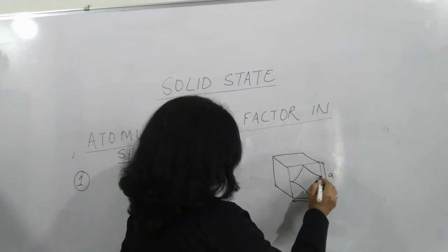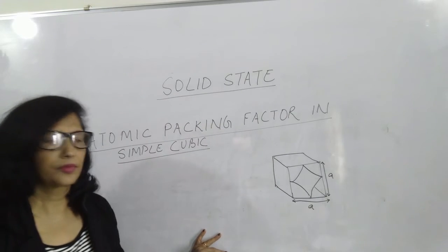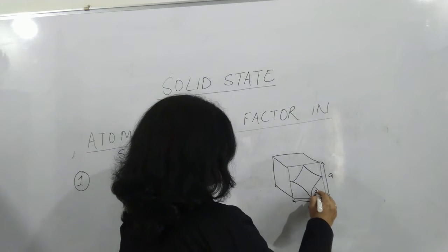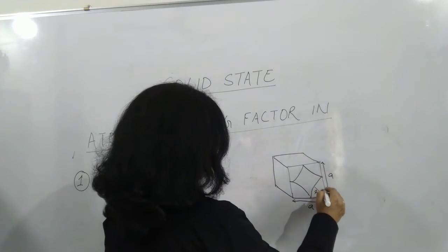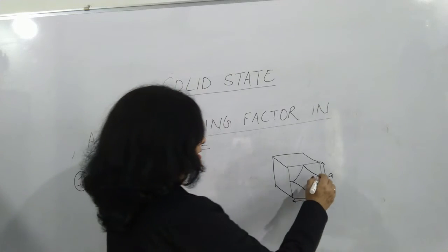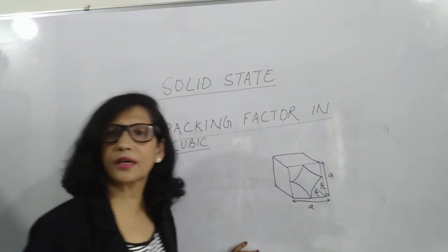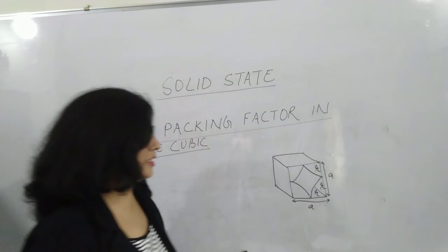Now, this is your atom. This is the radius, so this distance is equal to R. And this is also the radius, equal to R. This distance is also the radius of the atom, equal to R.